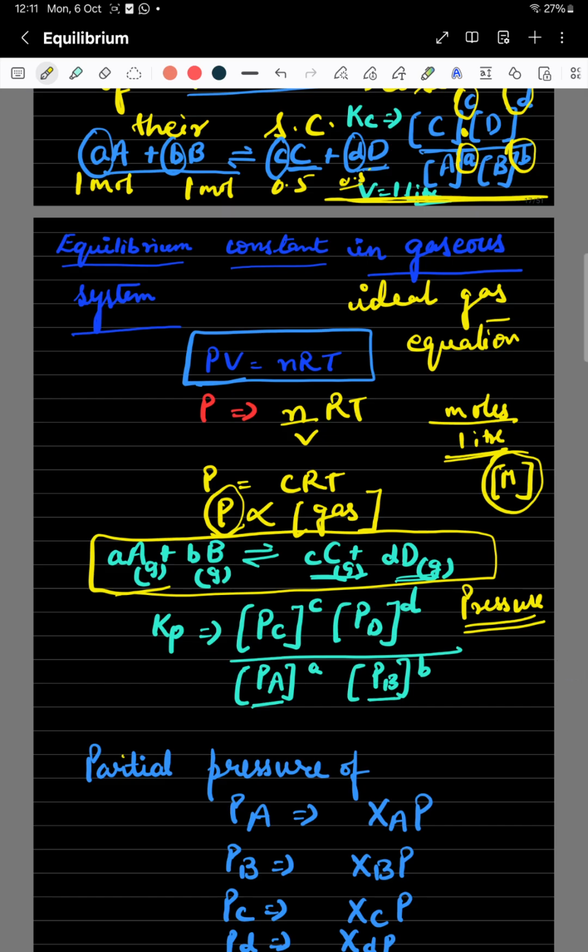So here Kp equals to, so you are expressing the amount in terms of their partial pressures. So whatever you have as reactants or products, you are expressing the amount in terms of partial pressure.